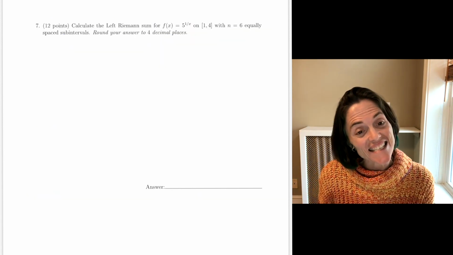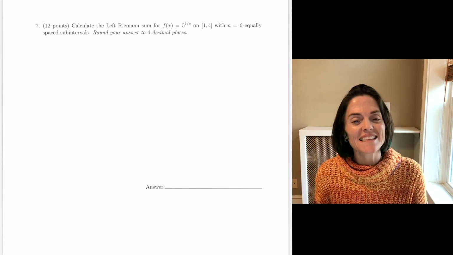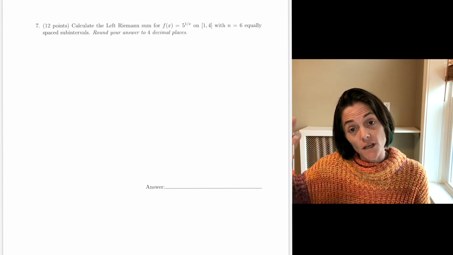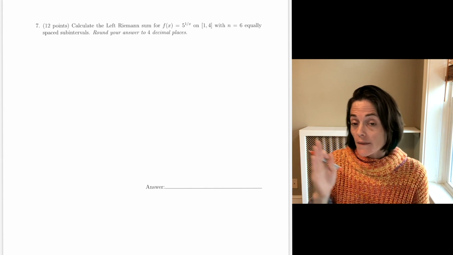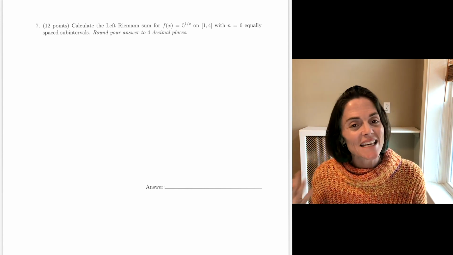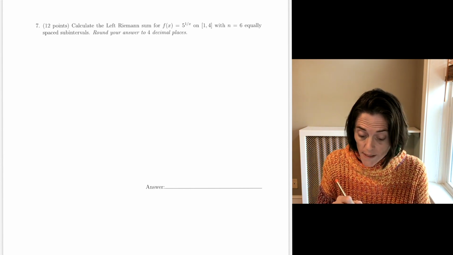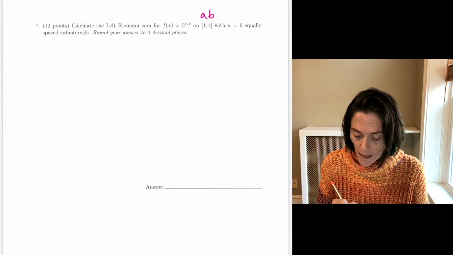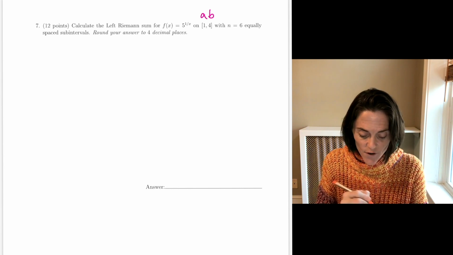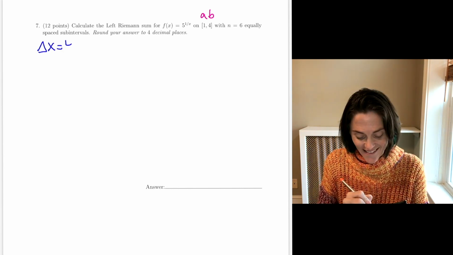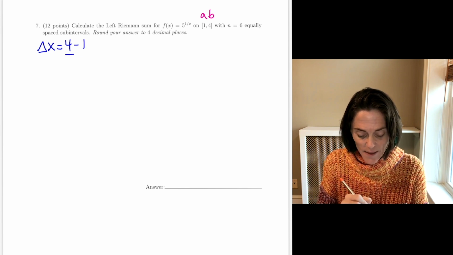Number 7, last question. We want a left Riemann sum for f of x is 5 to the 1 over x on the interval from 1 to 4 using 6 equally spaced subintervals. Well, if I call this A and I call this B, then I first calculate delta x. This will be B minus A divided by n.